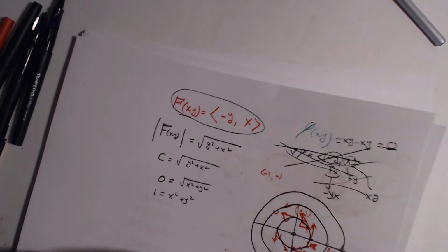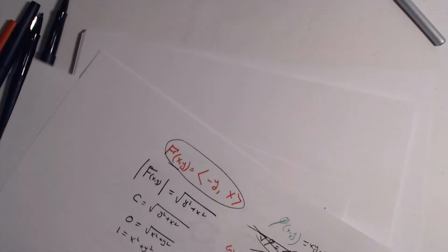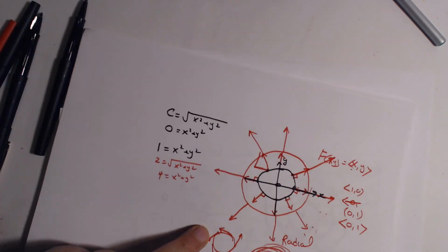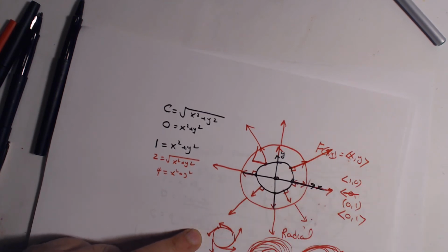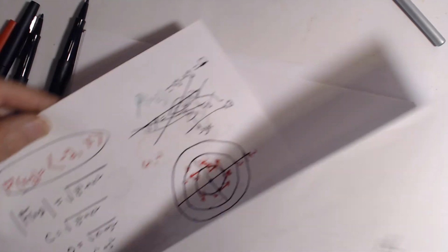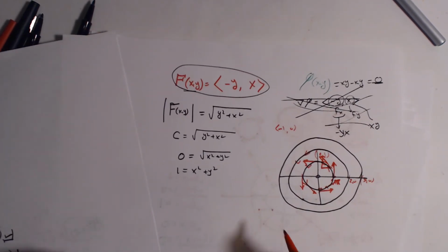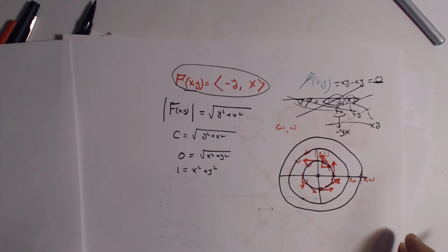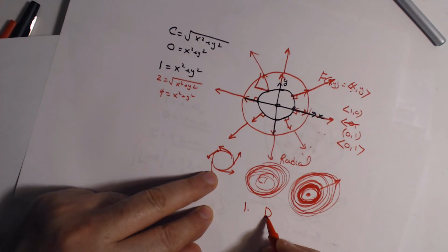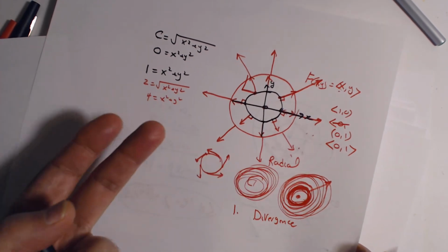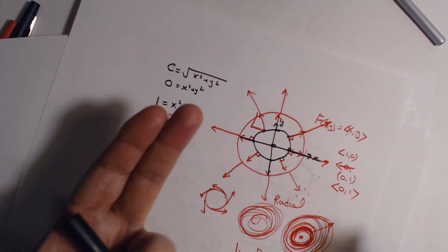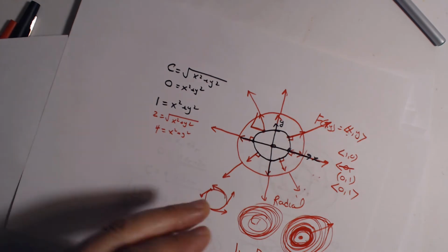But in this one, which we had in the previous one, circulation was 0, and all the vectors were normal. Therefore, from today, you have to know 2 words. One is called divergence. What is the divergence of that vector field? I bet you that vector field is going to have a different speed at the different ordered pair.